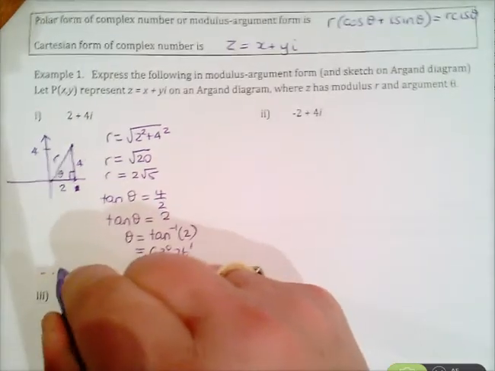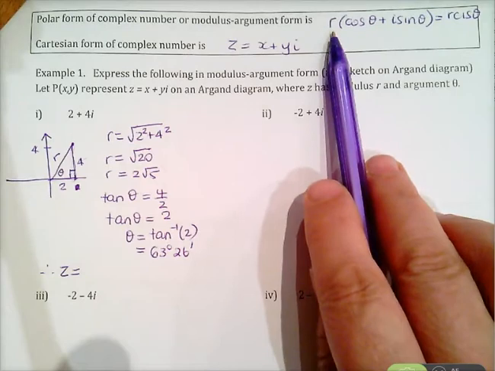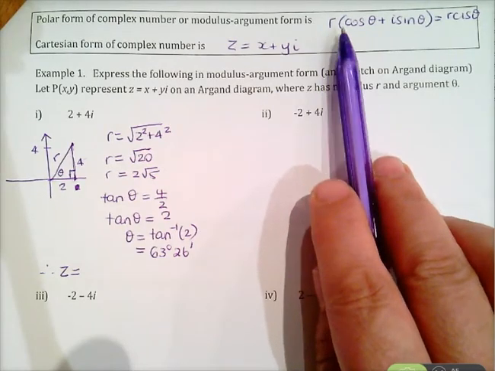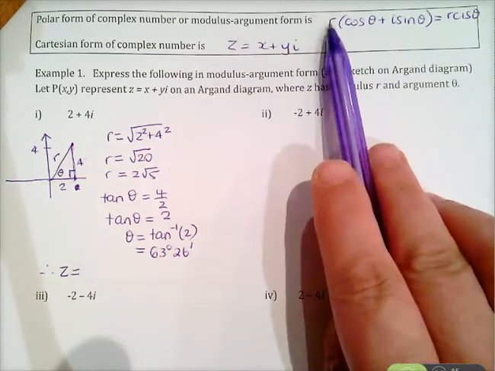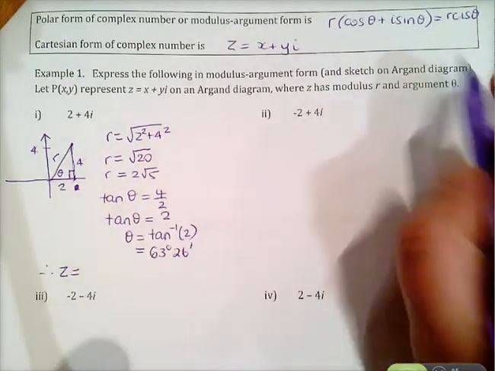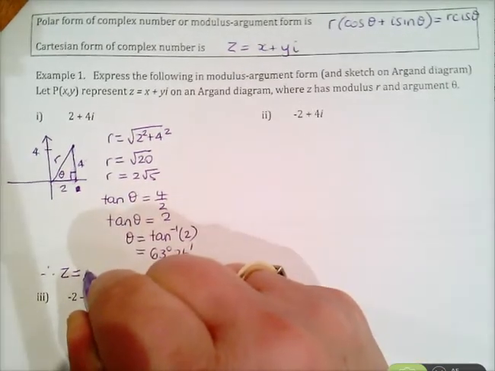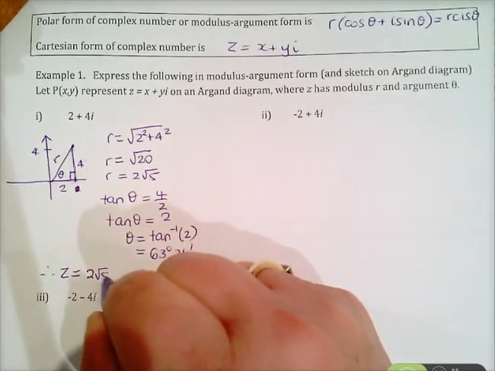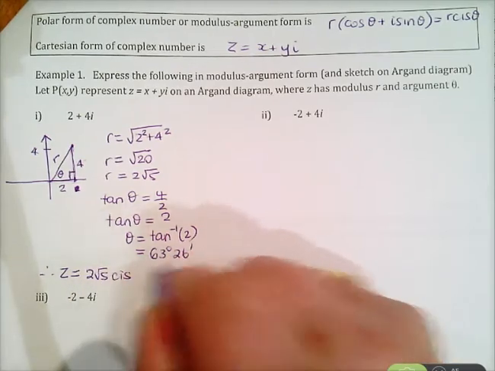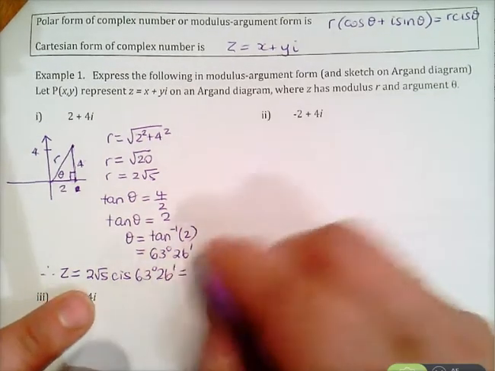So therefore, your complex number z in polar form or modulus argument form is written as r cos theta plus i sine theta, or r cis theta. So z is r, which is 2 root 5, so it's 2 root 5 cis 63 degrees 26 minutes, but that really is the abbreviated form.